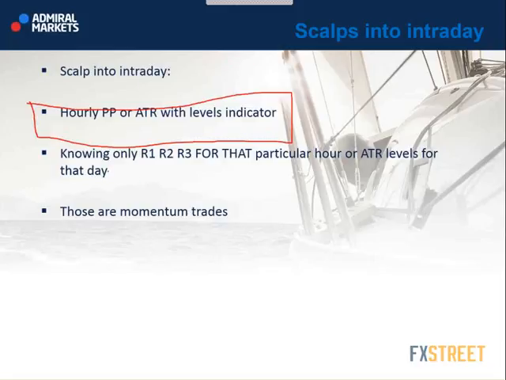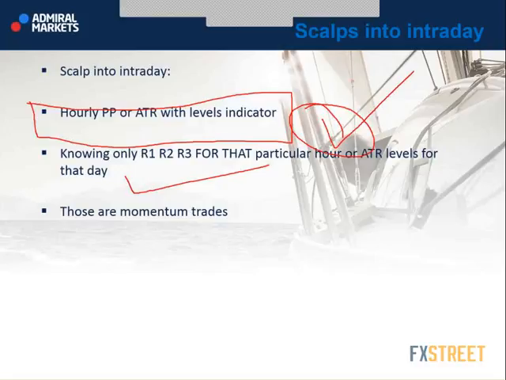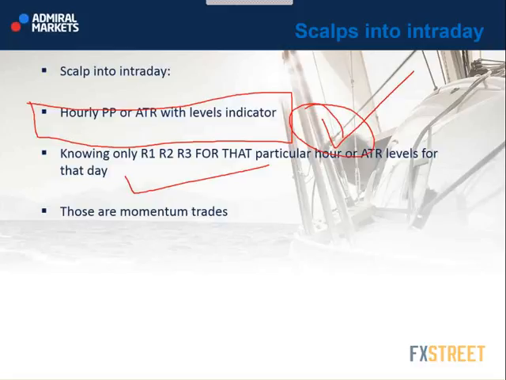Knowing only resistance 1, 2, 3 or support 1, 2, 3 for that particular level, hour or ATR level is enough. So this is the requirement. You need to have this before you want to turn a scalp into an intraday position. Okay? Those are momentum trades.